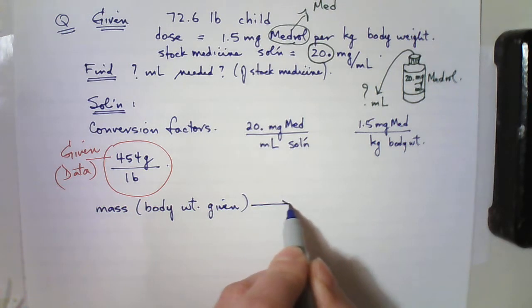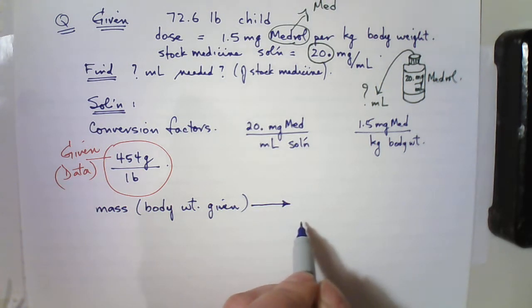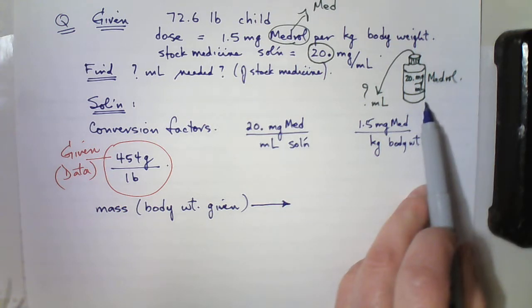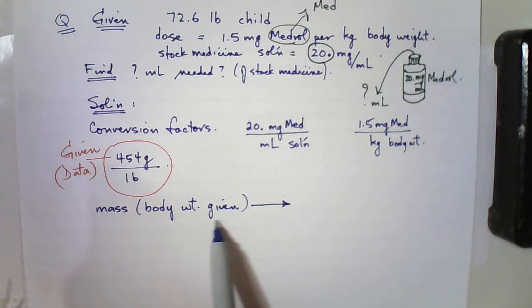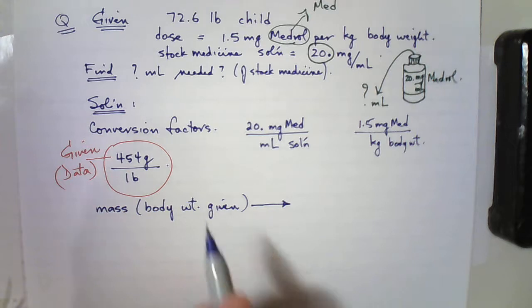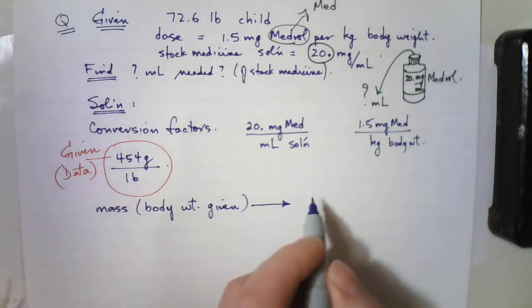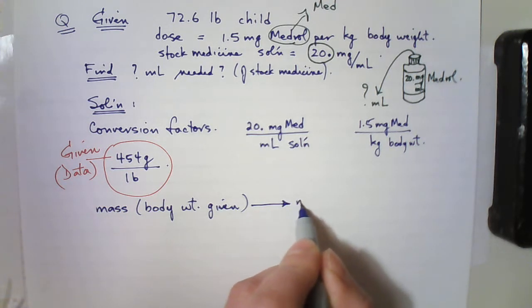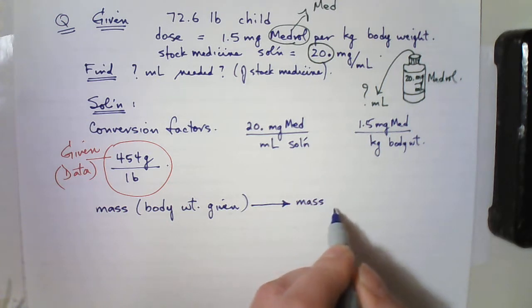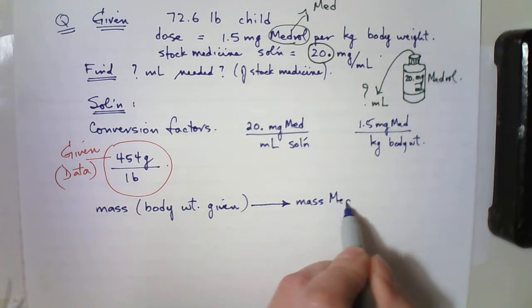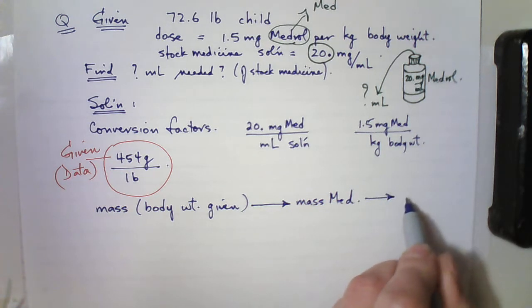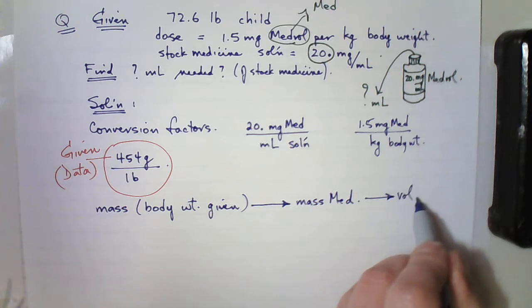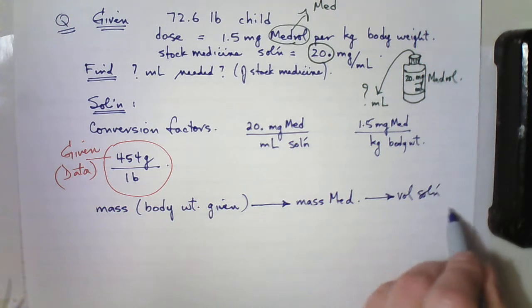And I want to find the corresponding volume of medicine needed, but I think that I'm going to convert from a mass of the body to a mass of Medrol that's required, and then I'll find the corresponding volume of solution that contains that.